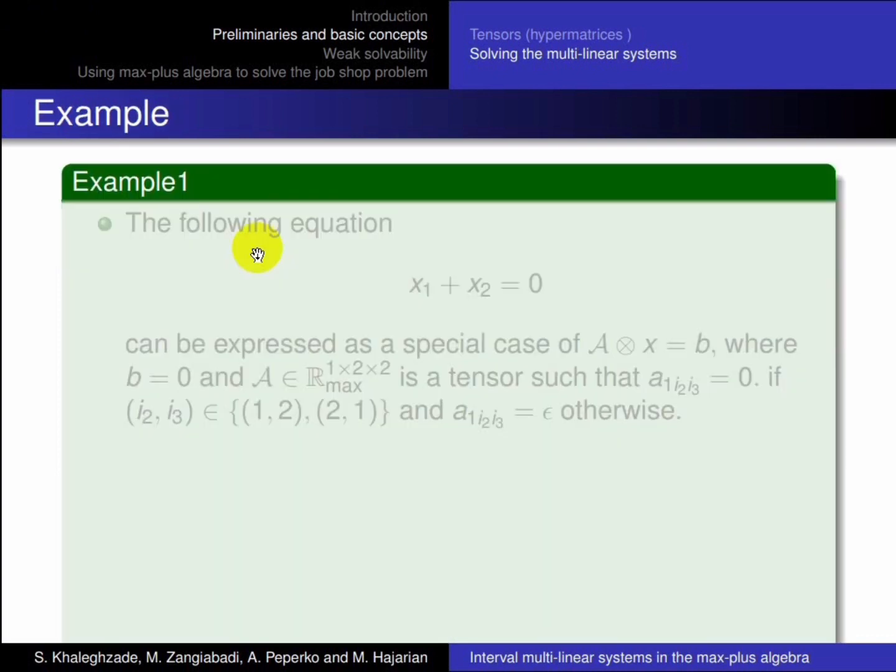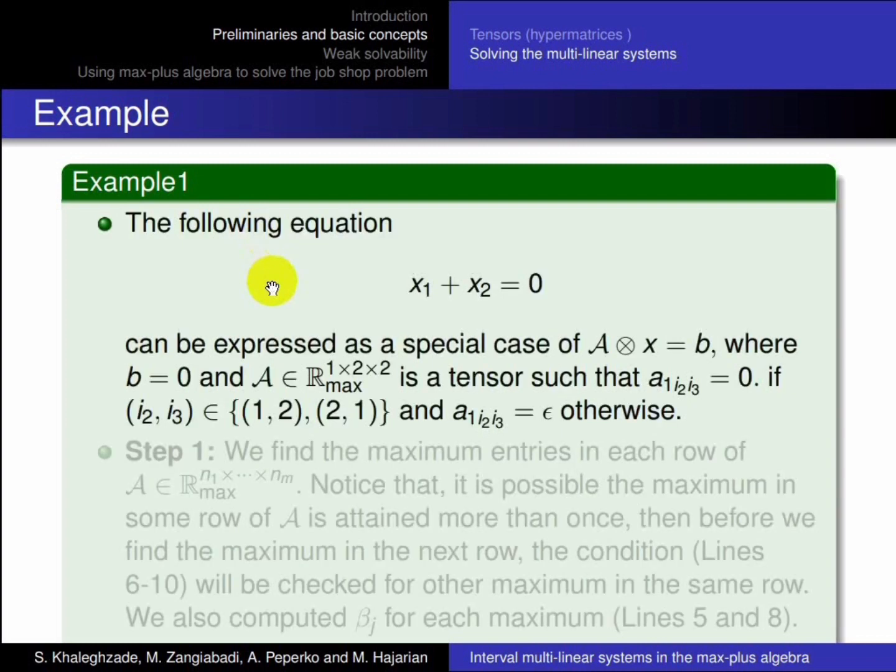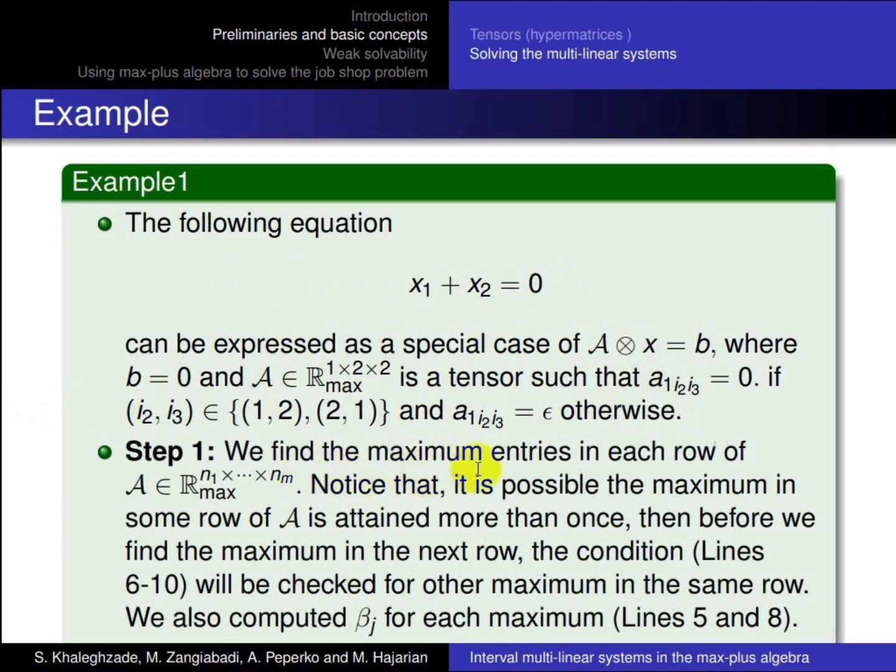This example clearly shows the main results of weak solvability. So we have the equation, and this equation is a special case of the multilinear system. We find the maximum in step 1 and notice that it is possible the maximum in some row of A is attained more than once.